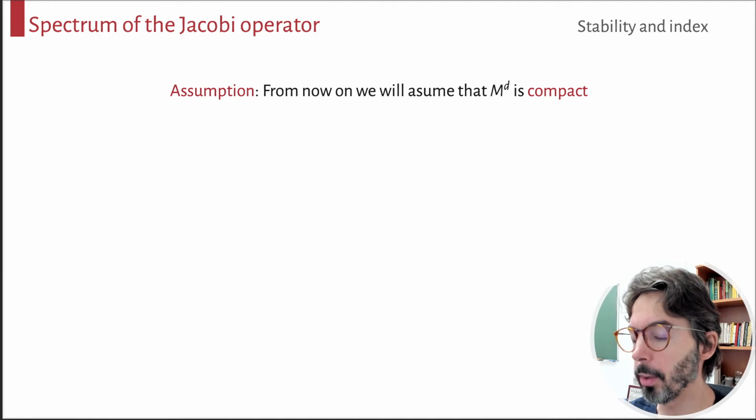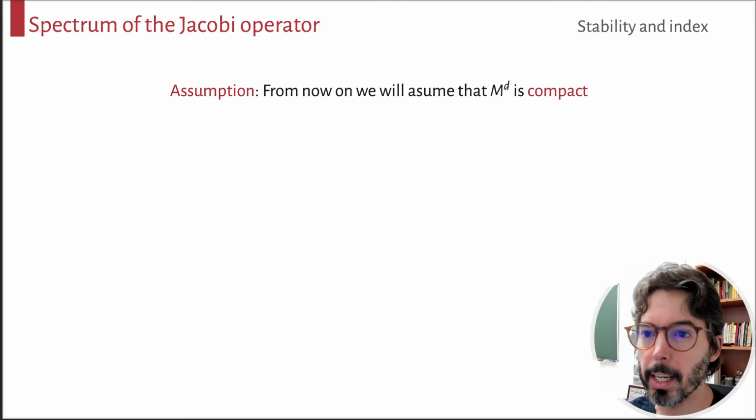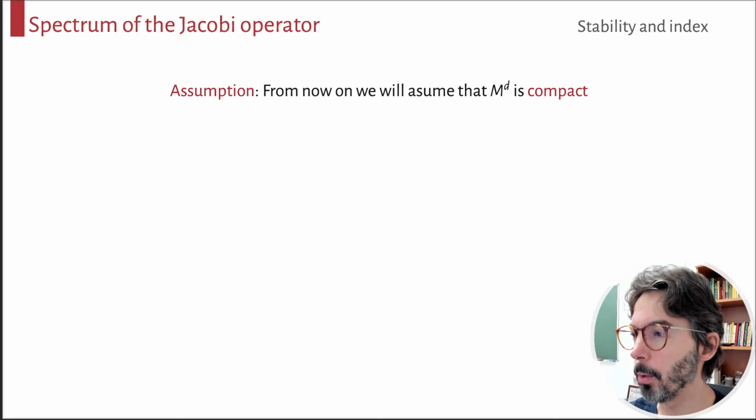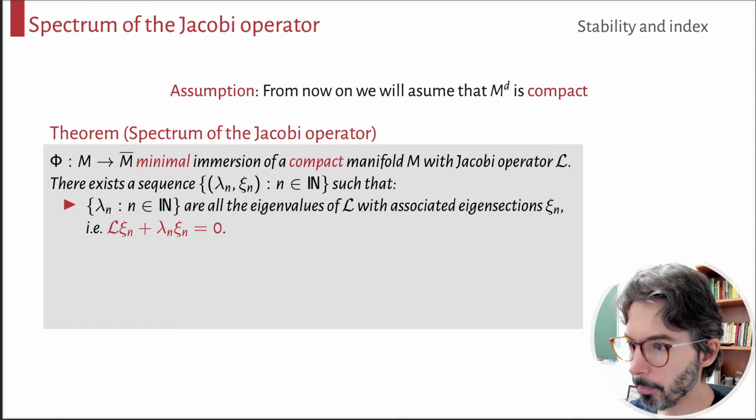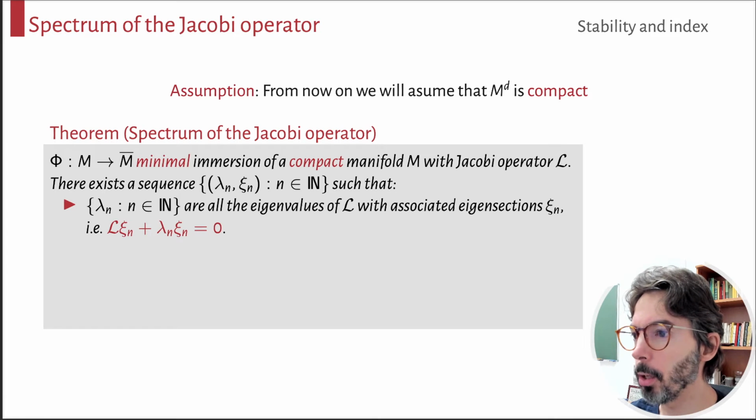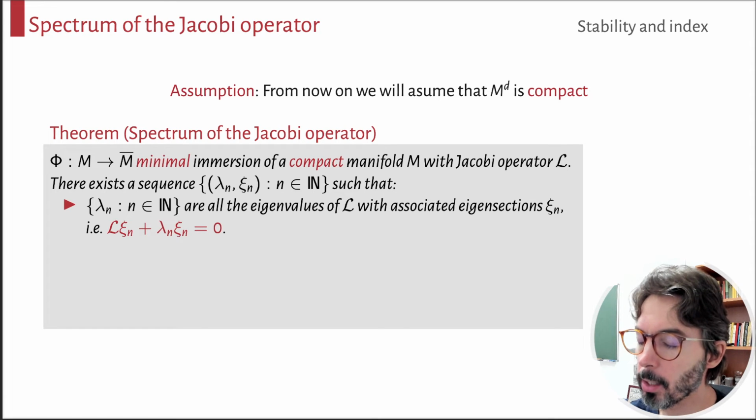So we do not have to worry about variations with compact support, because all of them will satisfy that assumption. So we are going to rewrite the stability in terms of the Jacobi operator.